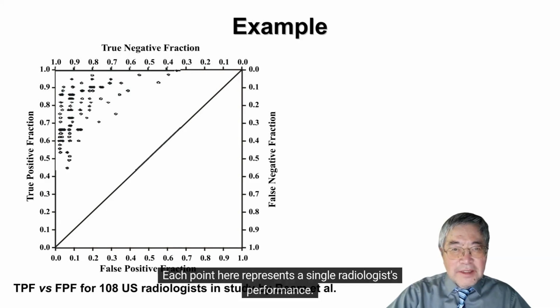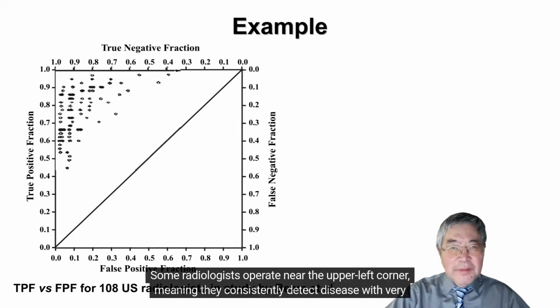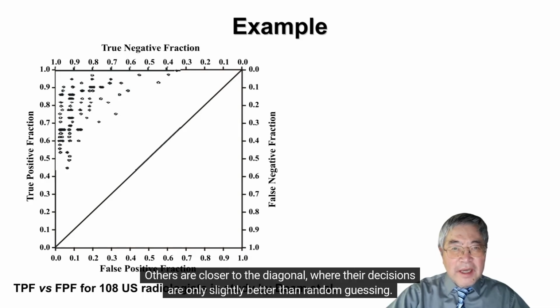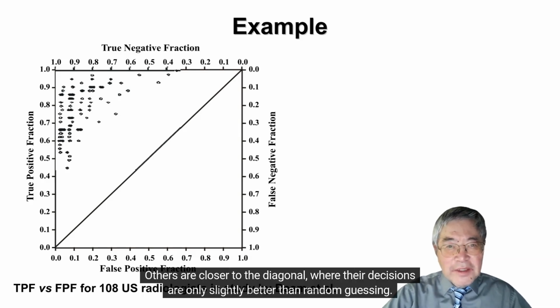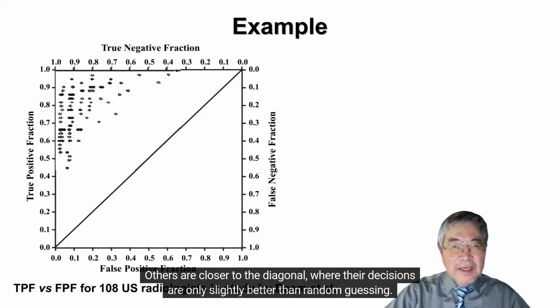Each point here represents a single radiologist's performance, and what stands out immediately is how widely they are spread. Some radiologists operate near the upper left corner, meaning they consistently detect disease with very few false alarms. Others are closer to the diagonal, where their decisions are only slightly better than random guessing.